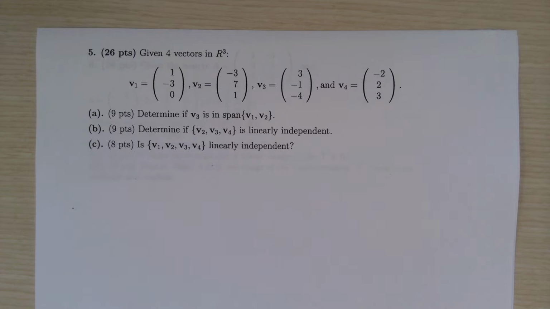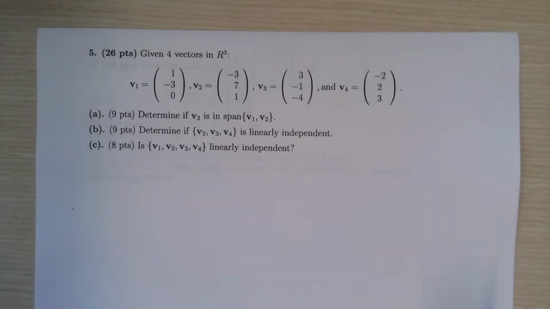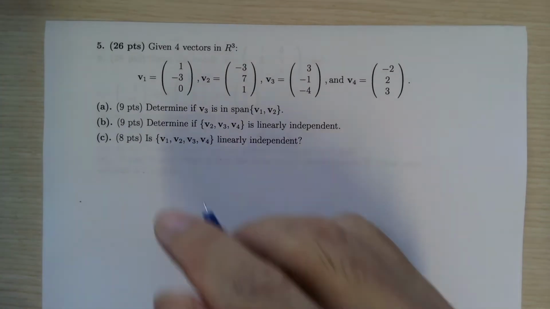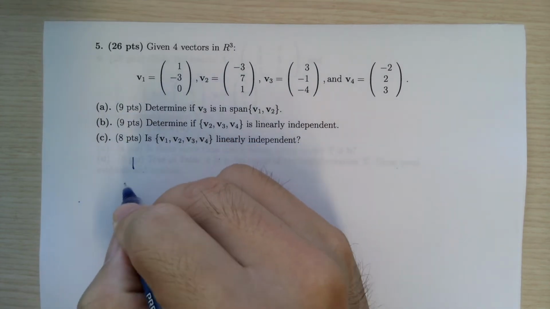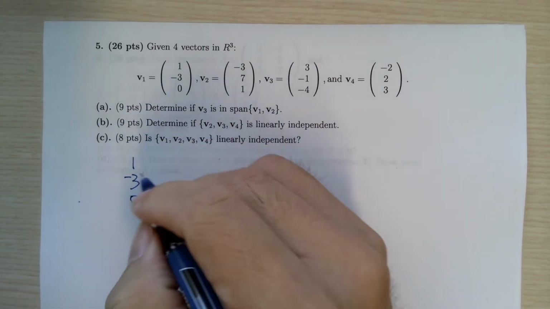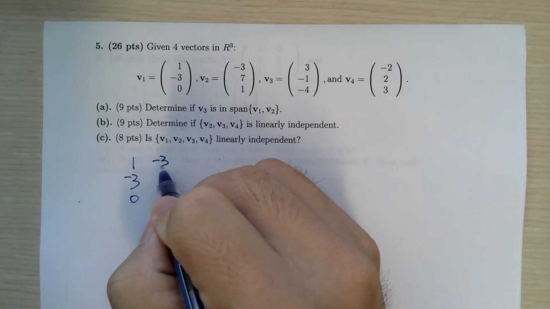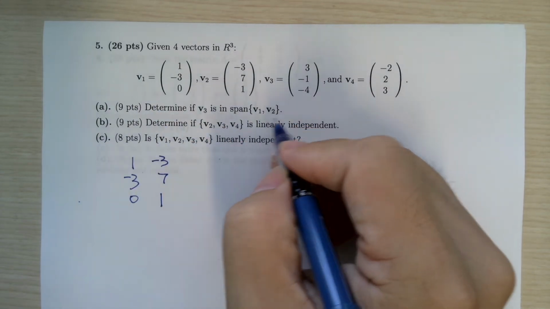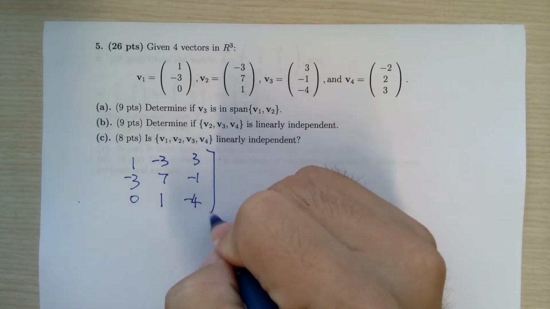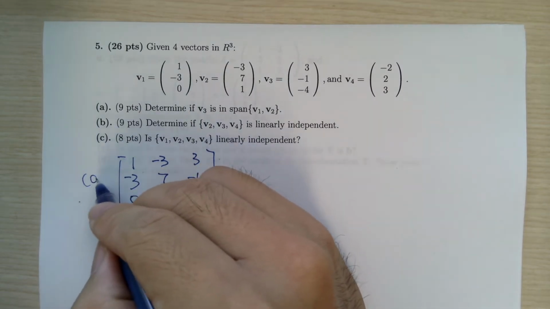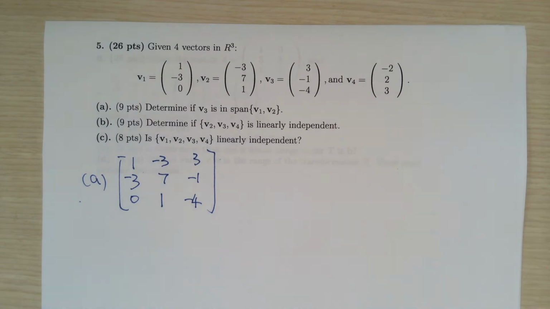Okay, we can easily check that. So we want 1, -3, 0, -3, 7, 1, and then 3, -1, -4.